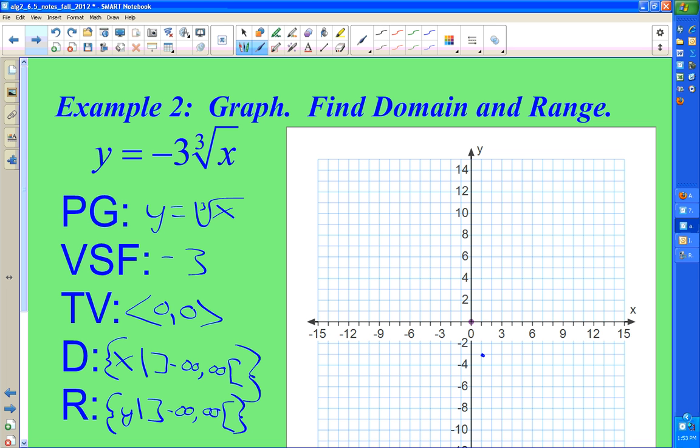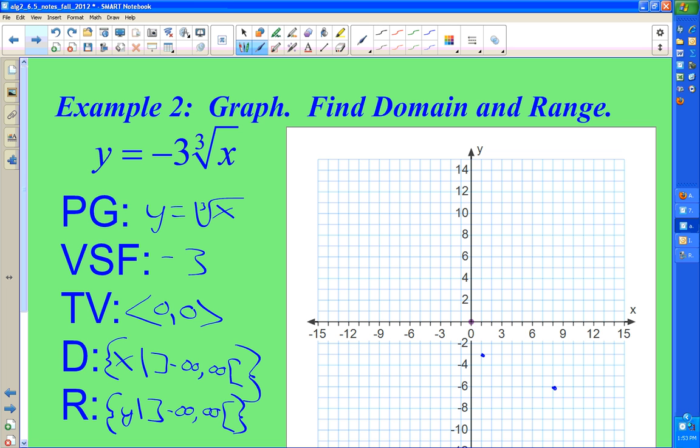In the parent graph, we normally would go right 8, up 2. What are we going to do? Right 8, down 6. Way down. We're multiplying by -3. That's why we will end up going down, because of the negative. In the parent graph, normally it's left 1, down 1. What are we going to do?